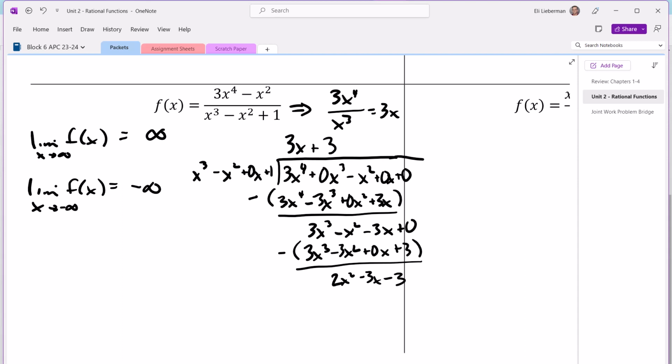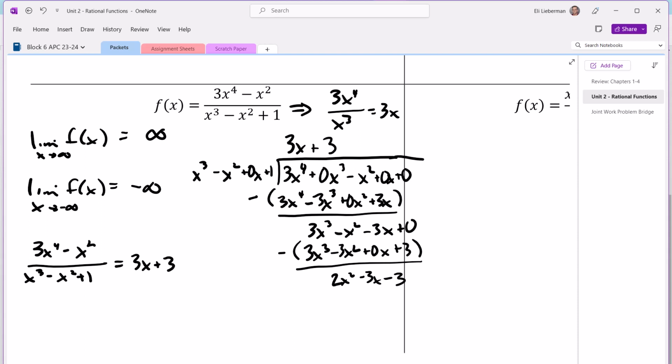Let's summarize all this. What we've just found out is that our original function is exactly equal to 3x plus 3. Is it exactly equal to this? No. How do I write the rest?